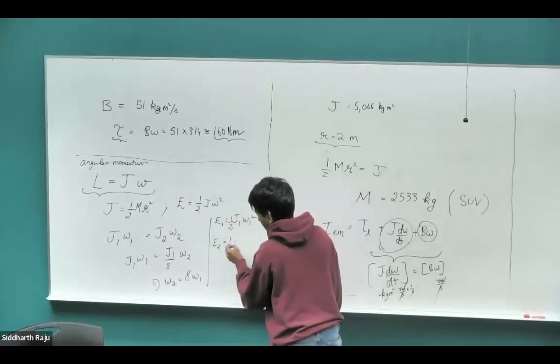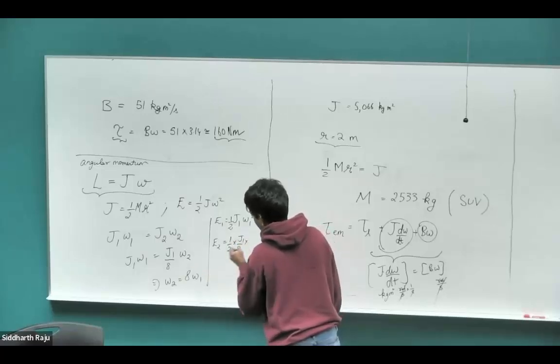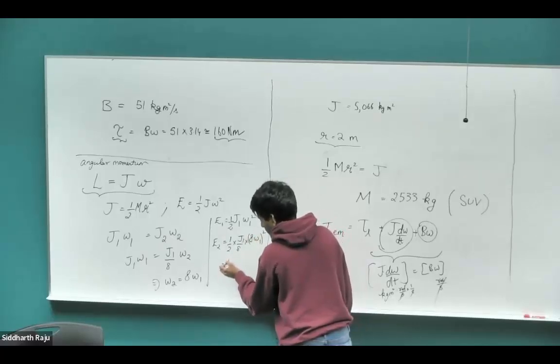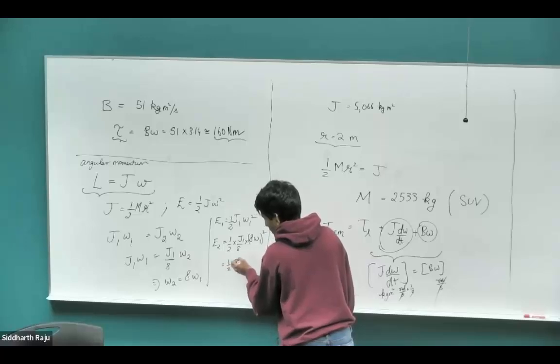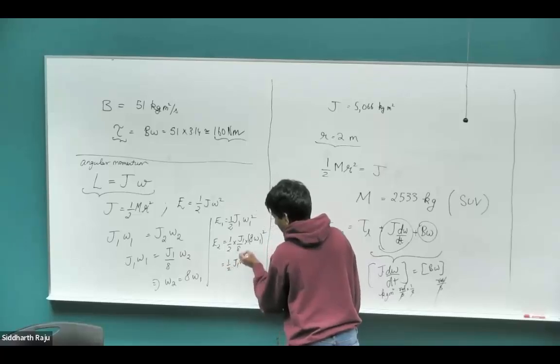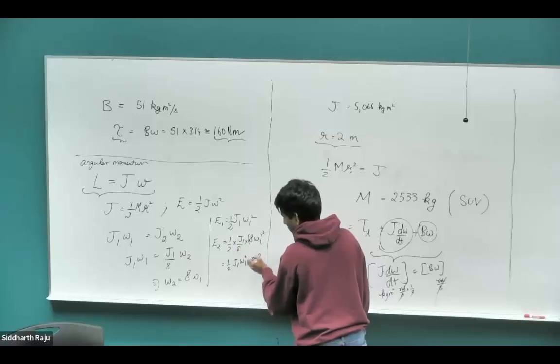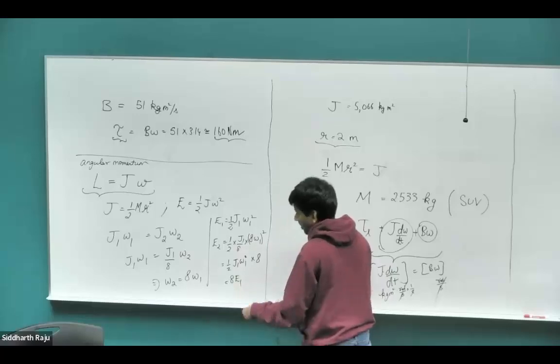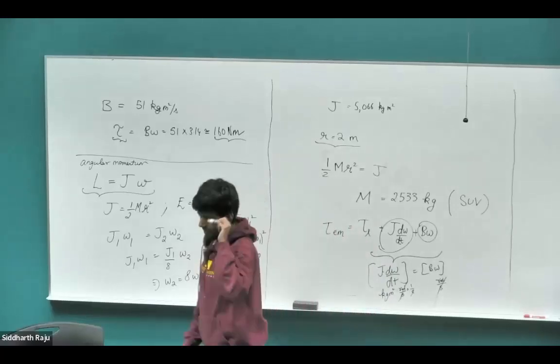In the second case, inertia became J1 by 8 and the speed became 8 times omega 1, the whole squared. So that's 1/2 J1 omega 1 squared times 8 squared divided by 8, which is just 8. So that's 8 times the energy that was in the earlier state.